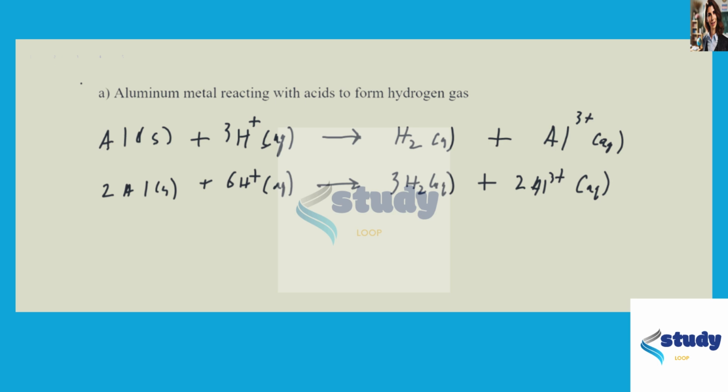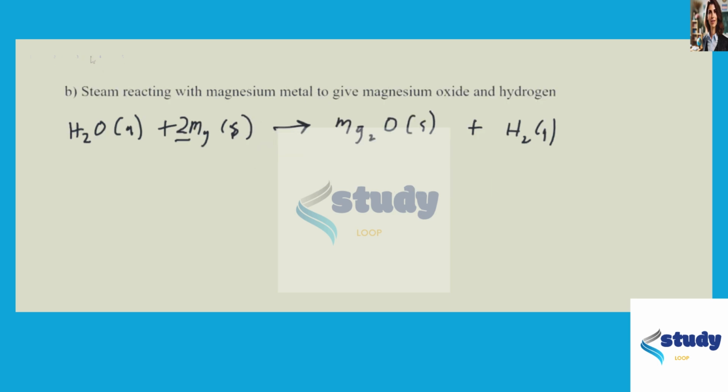And when we balance that, this is the reaction we arrived at. And then our second example was steam reacting with magnesium metal. And once again, we had the water, which is in the +1 oxidation state, getting reduced and oxidizing the metal to give us this reaction.